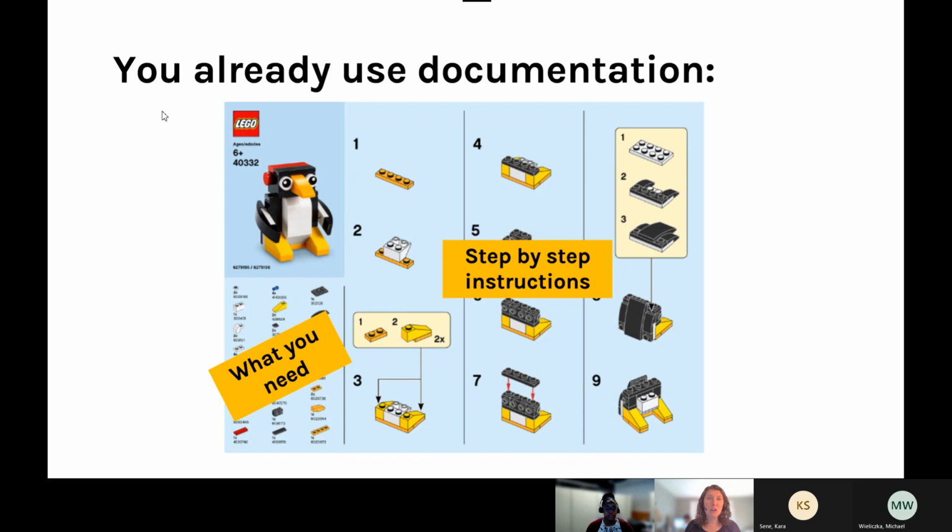It shows you the finished product, what you're looking to get to, all of the components and ingredients that you might need, so the different elements, and step-by-step instructions, including maybe some details when things get a little bit complicated or a little too fine-grained. So documentation can be as simple as a set of instructions that you follow to get to a particular outcome.